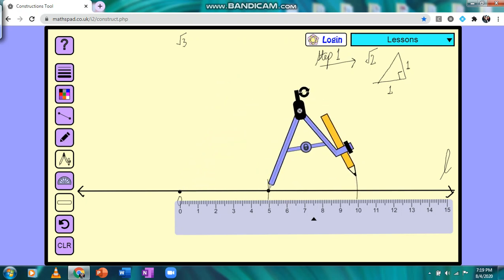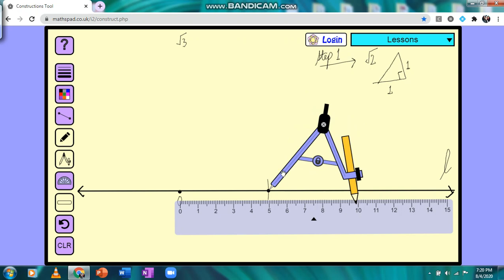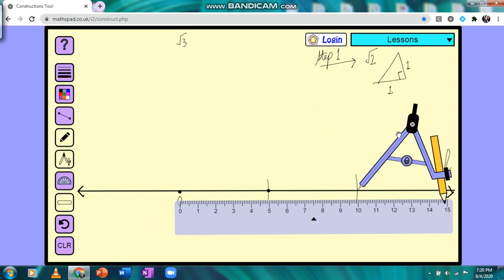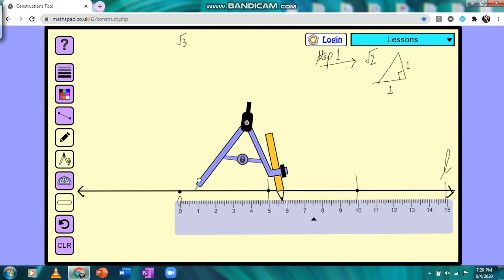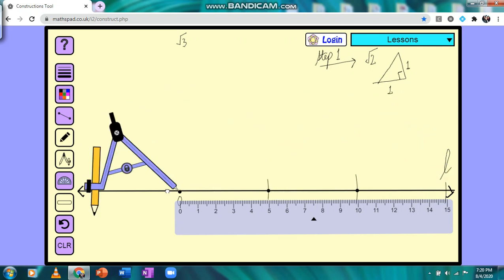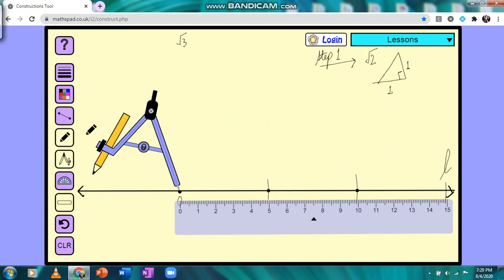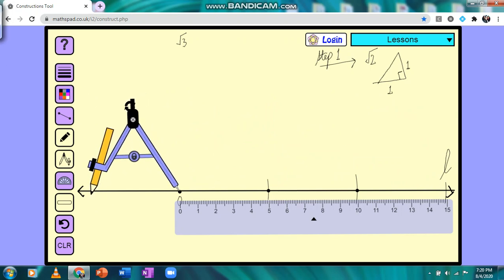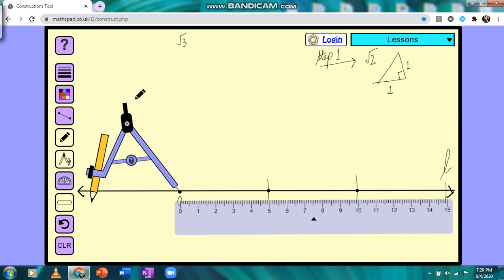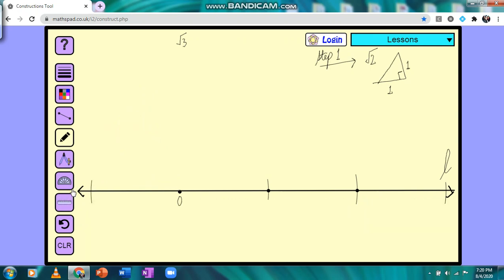So if we go ahead, you will see that now we are going to cross here, and this is the positive side. Let's show the negative side as well, if we can. Yeah. So putting this away, this represents 1, this represents 2, this represents 3, and on the negative side I have -1.